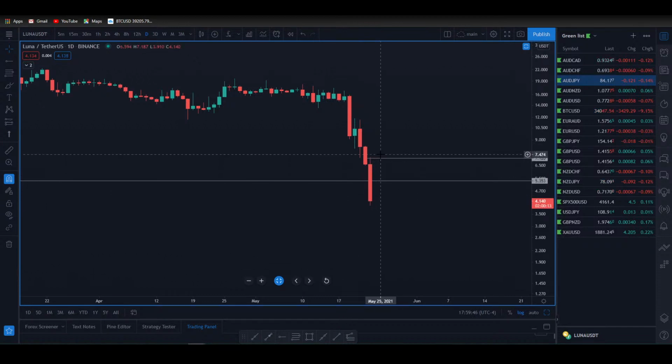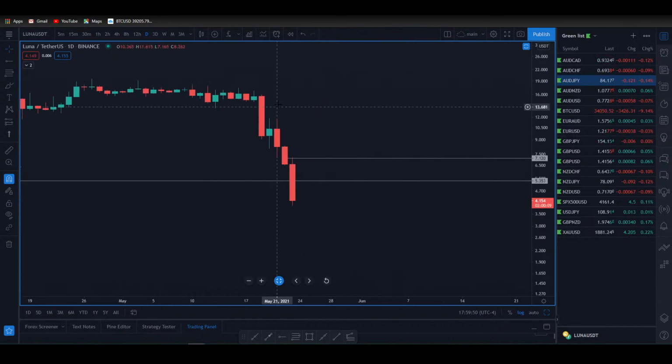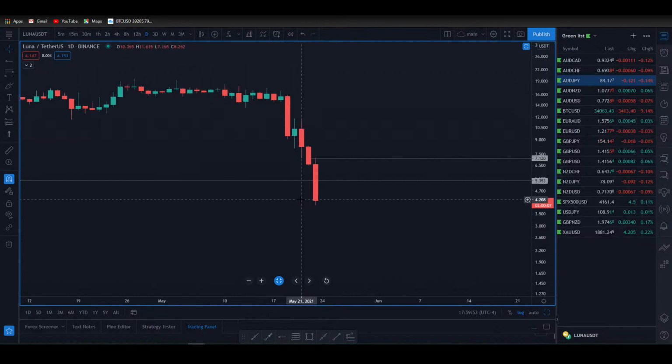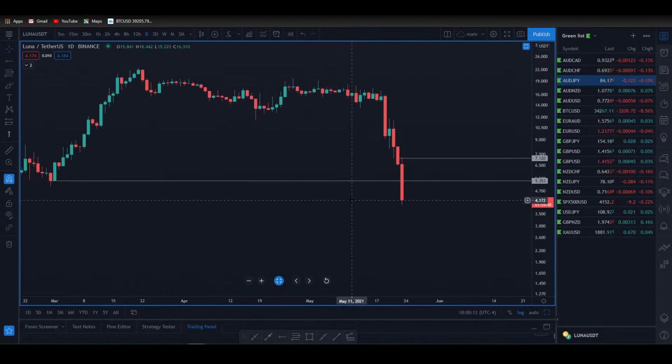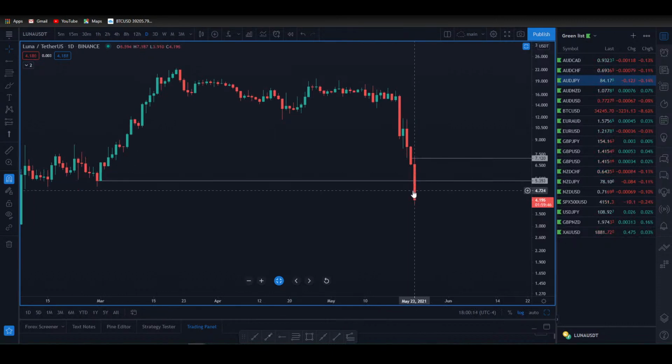I would much rather get that 8-hour level at 7.12 to look for shorts. This kind of extension on a move like this, guys, generally you don't get a bounce and then an opportunity to short again. Generally you get crazy up and down sideways price action for a few days, as this is price discovery and it's aggressive. So yeah, you don't want to be taking shorts down here.